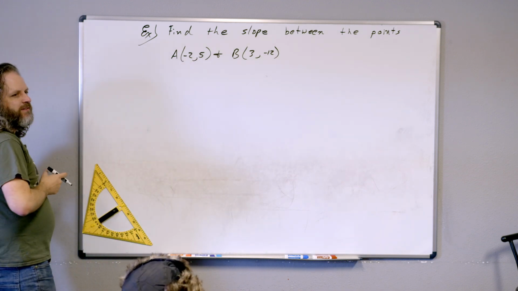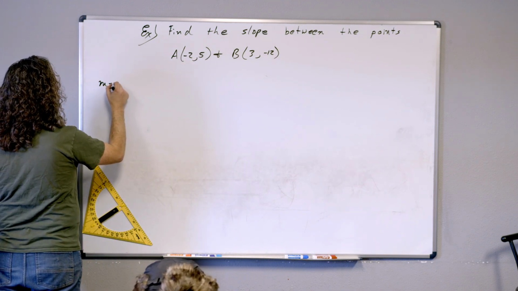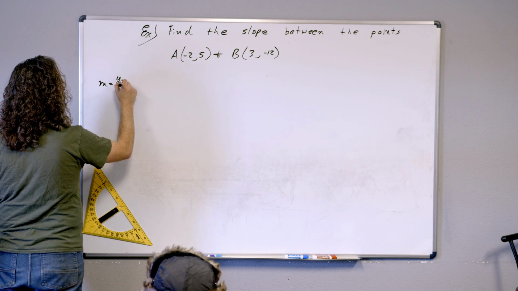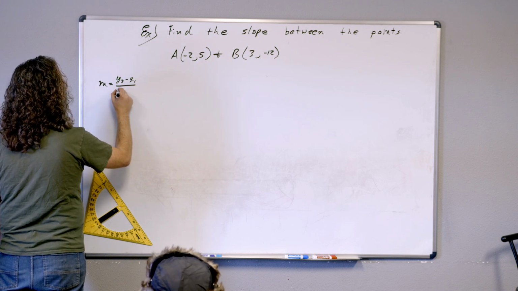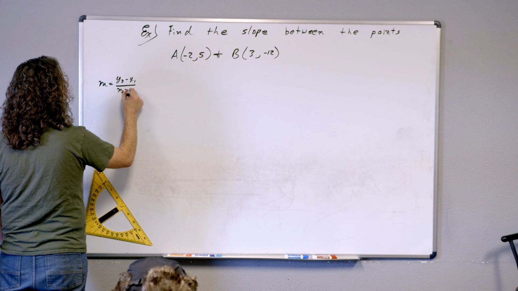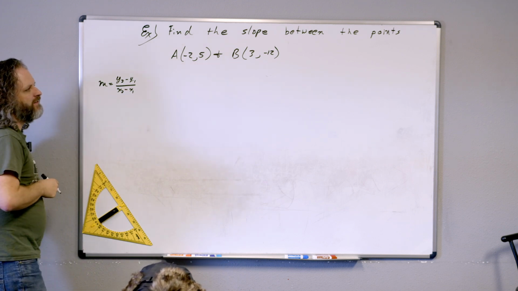What's the slope formula? Y2 minus Y1. Yeah, difference of the y's over the difference of the x's.